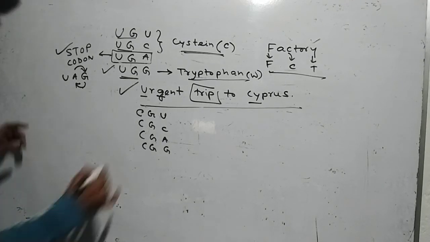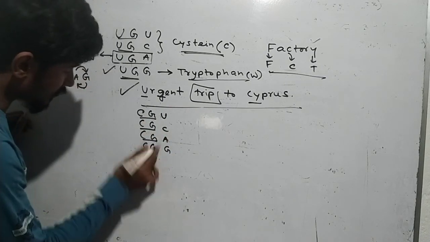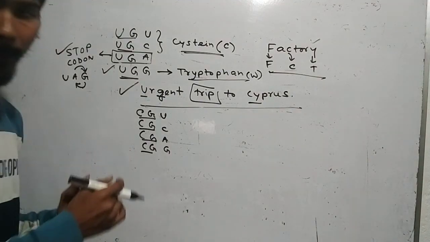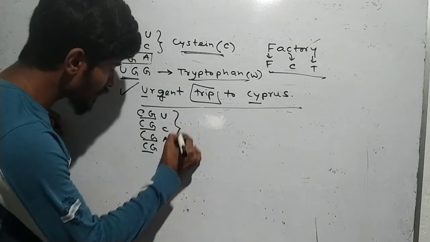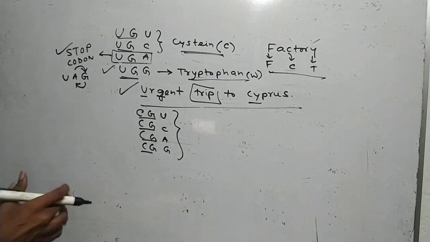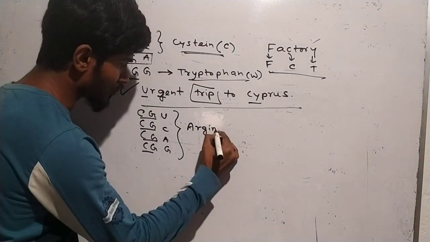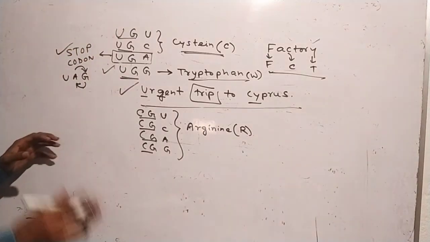For this, just have a look that the two letters of the codon are C and G. So how can you remember what amino acids they are encoding? They are encoding arginine, and it is capital R in one letter abbreviation.